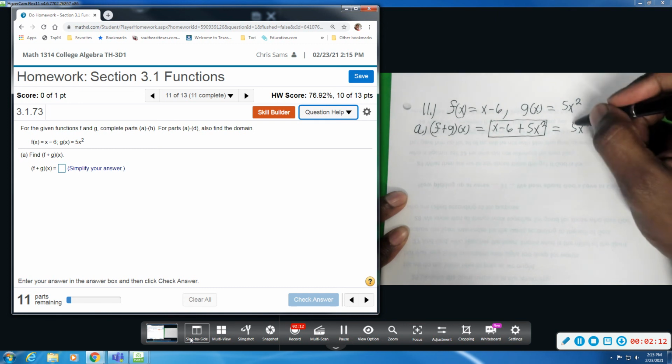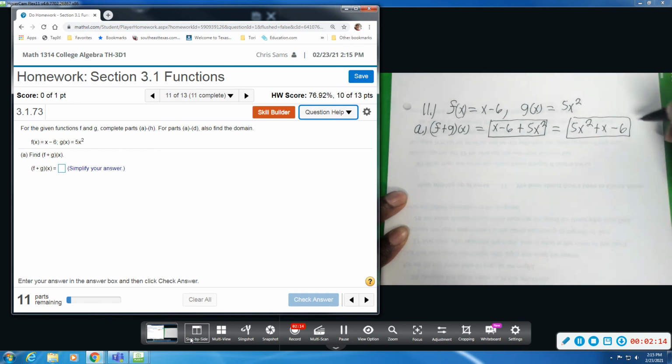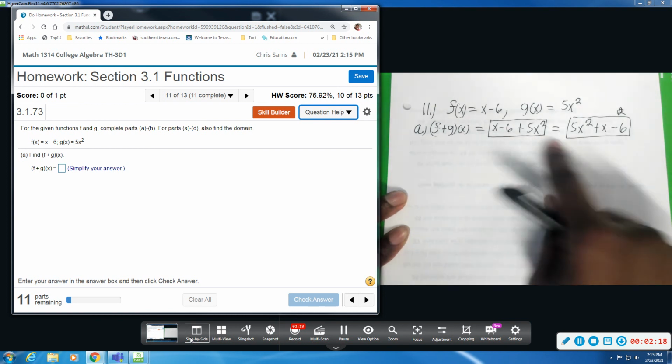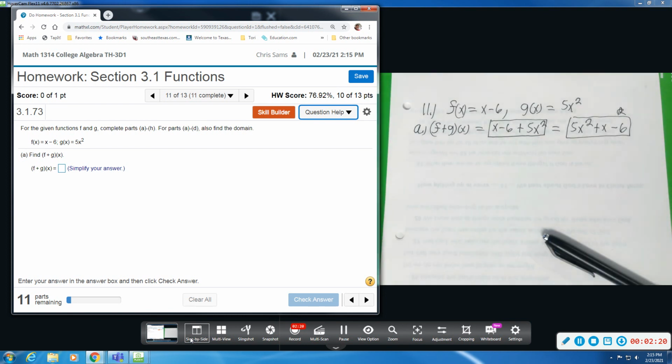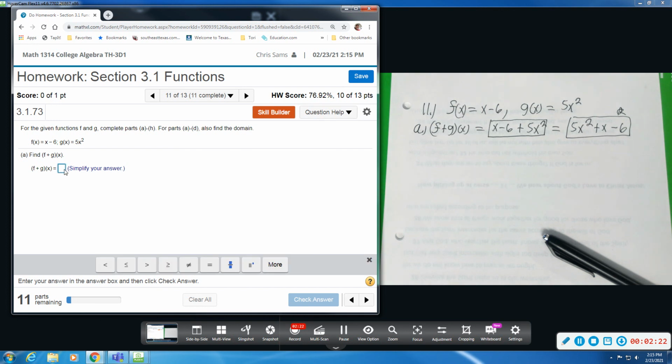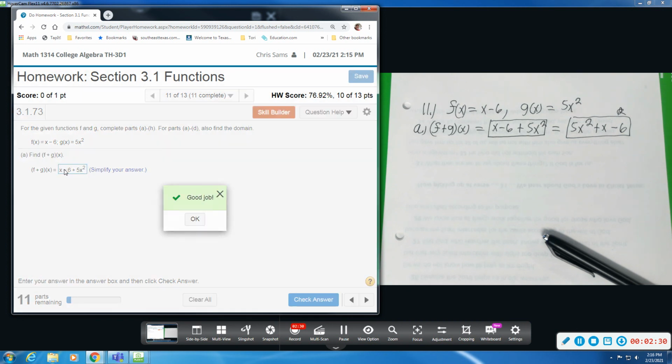So either one of these would be fine. The second one is better. But I'm going to insert it like this just so you can see what's going on. So we have x minus 6 plus 5x squared. If you type it like this, it's better, but it's okay.